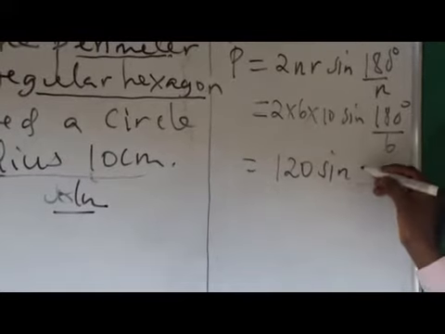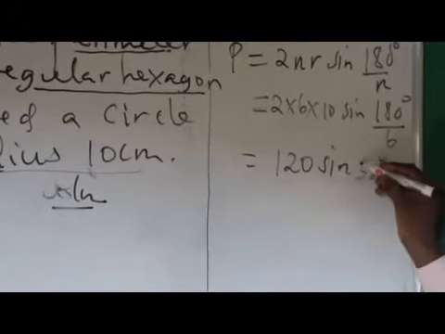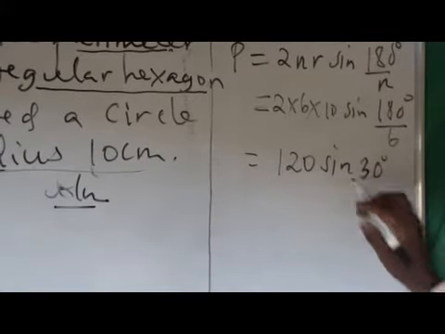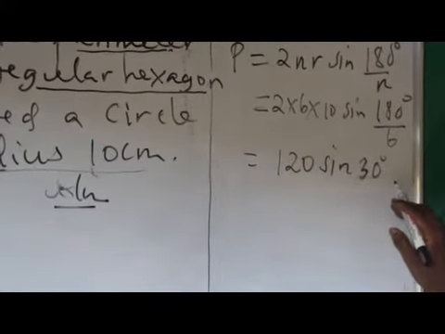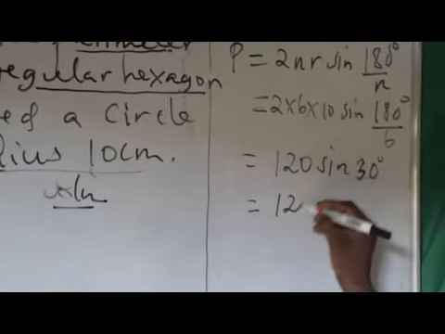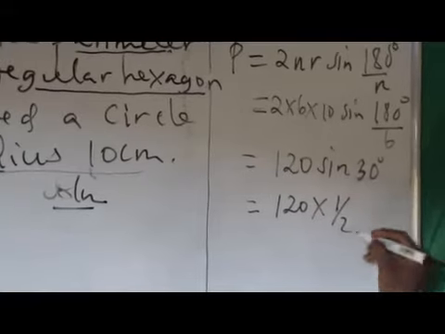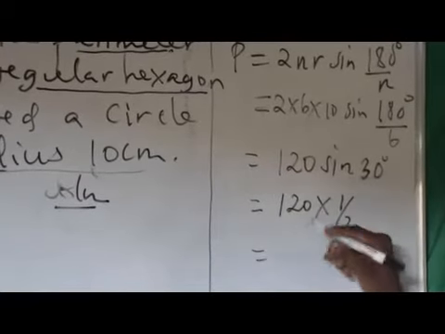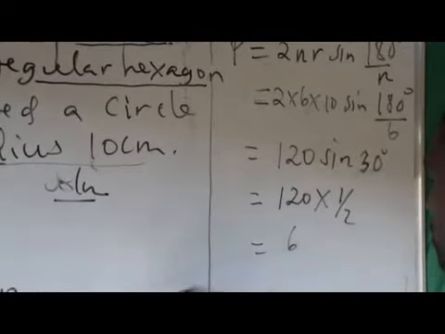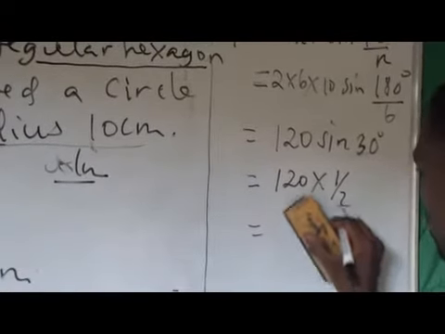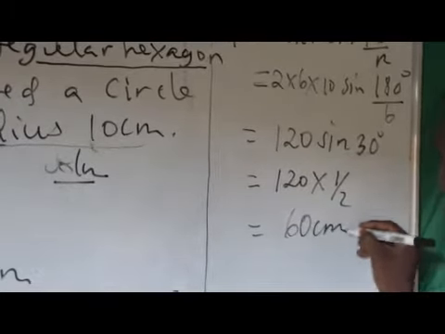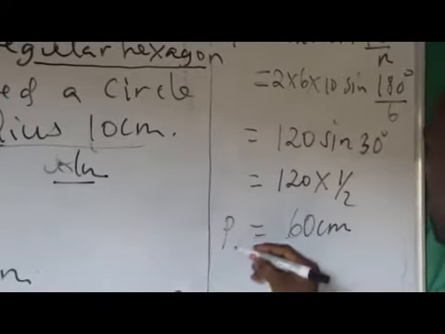Hope you get 30 degrees. The sine of 30 degrees, this is a special angle, so actually it's very simple that this becomes a half. If you divide this one, you will get 60 centimeter. So here now you get the perimeter.